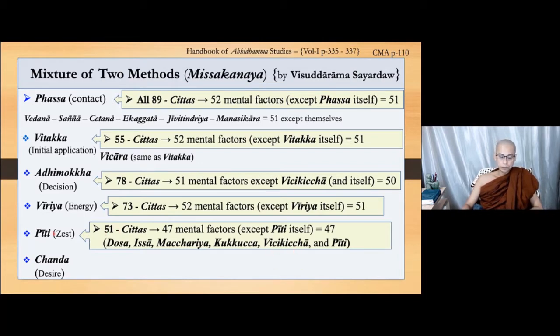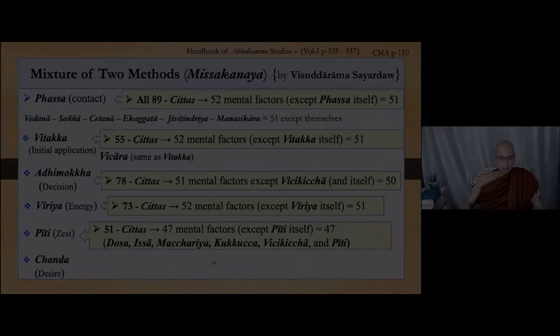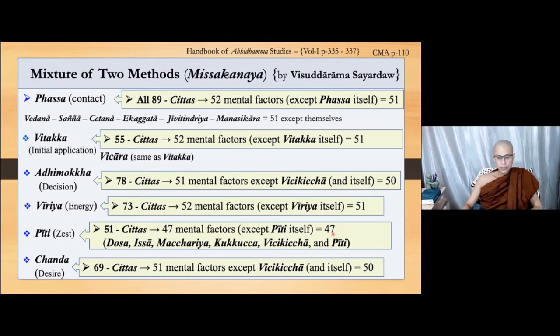So Piti is dissociated from all types of Upekkha Sahagata. That's why Vicikiccha is an exception, and Piti itself. So altogether 6 are exceptions. Then it should be 46, because 6 are exceptions.